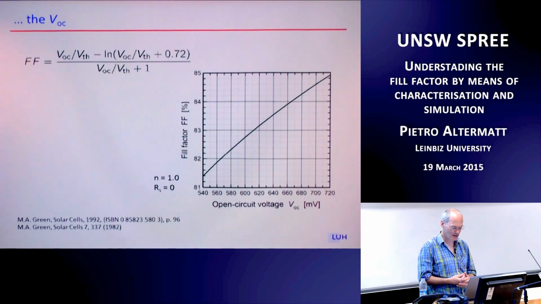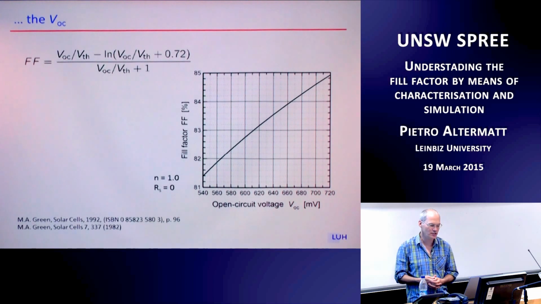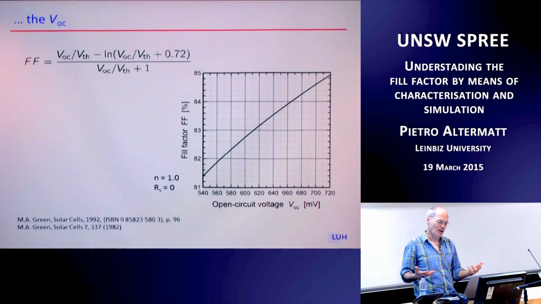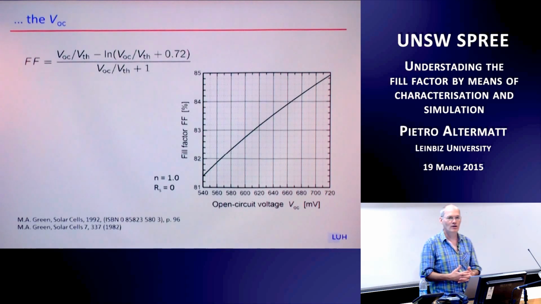I took here as an example Martin Green's approximation formula. There are quite a few in the community, where you see that if the ideality factor is 1 and there is no series resistance, this is about your utmost limit of the fill factor, unless you are Auger limited, then the ideality factor is smaller than 1.